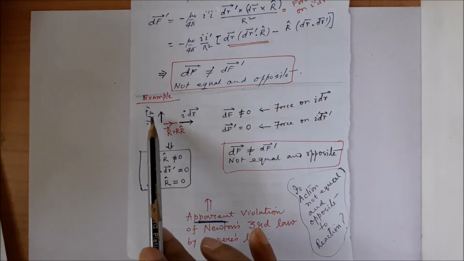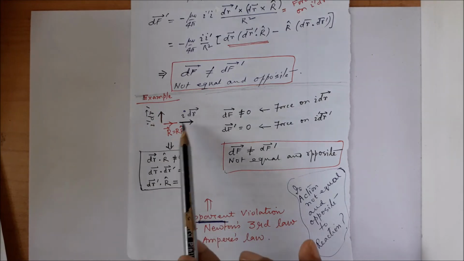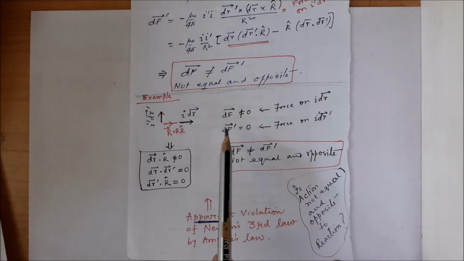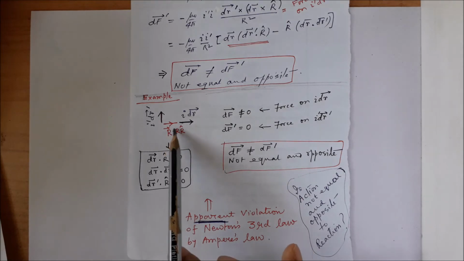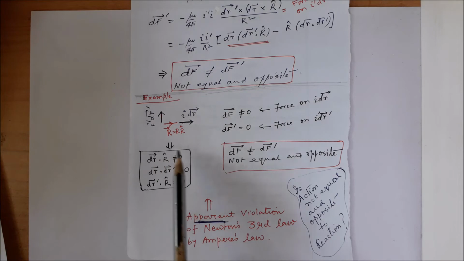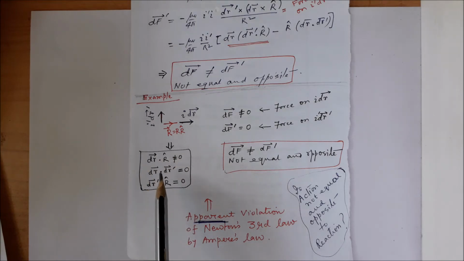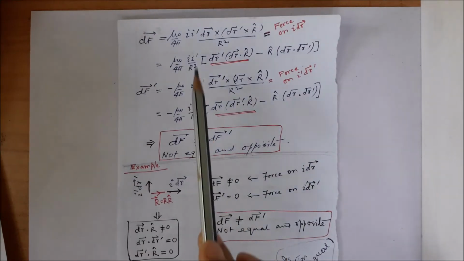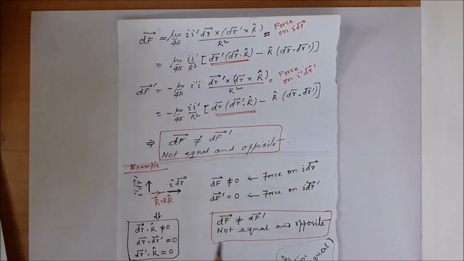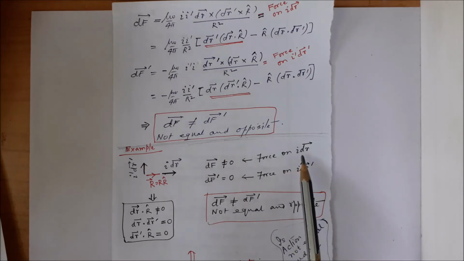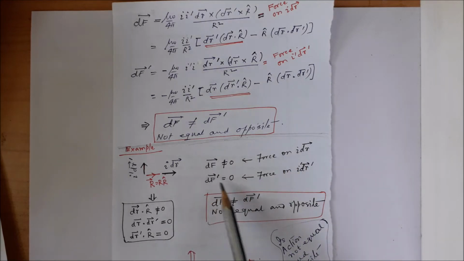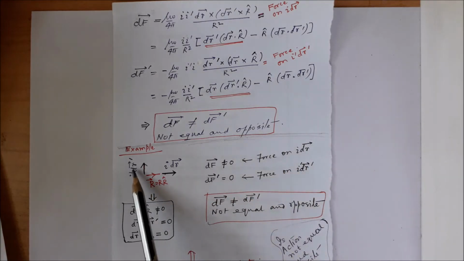Consider I prime dr prime moving vertically and I dr moving horizontally, and their separation is vector r, so that we have these dot products, and when we put these results in these expressions, what we get is df not equal to 0, which is the force on I dr, and df prime is 0, which is the force on I prime dr prime. So we get to this result.